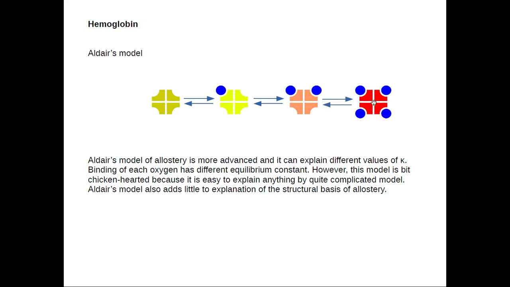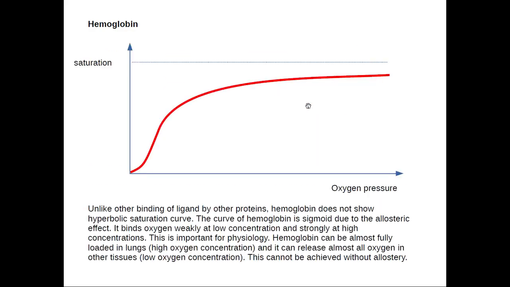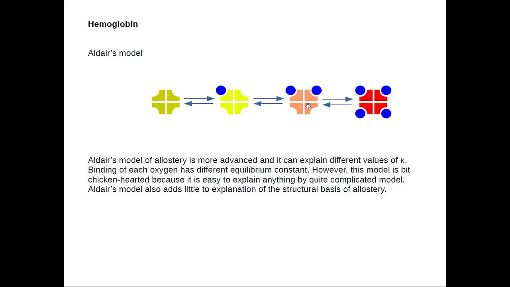Here I have just 3, because I missed one intermediate state. So 4 different constants are needed to make such a model, and you can imagine that measuring these constants by fitting this curve is almost impossible, because you can fit almost any number there.